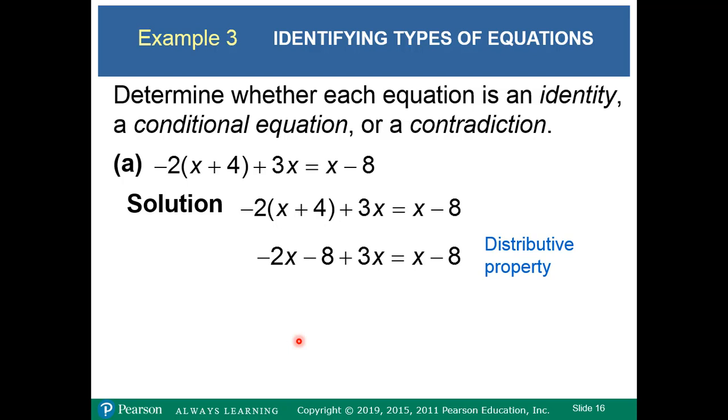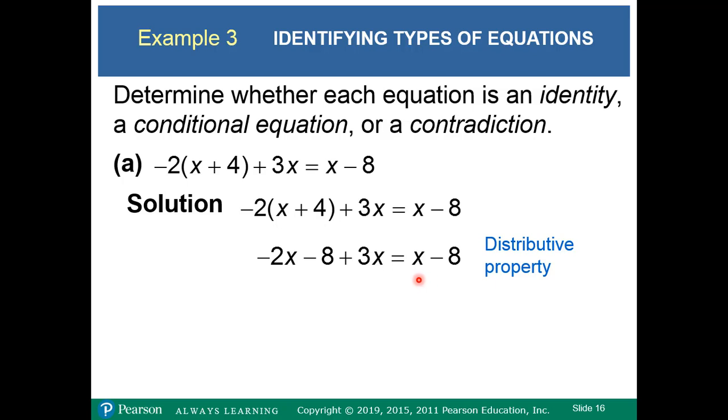So let's use the distributive property. Make sure you distribute the -2. So we get -2x minus 8, and then plus 3x, and then x minus 8. Now we're going to simplify this and see what we get.